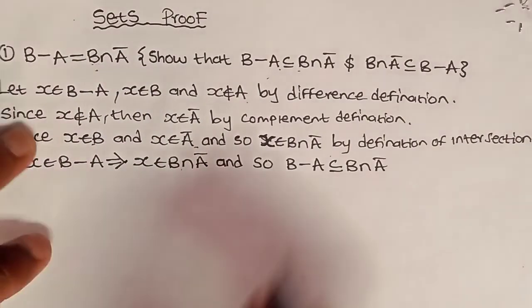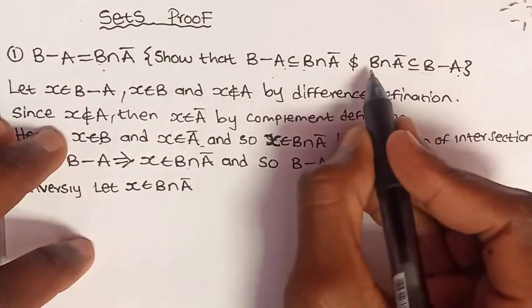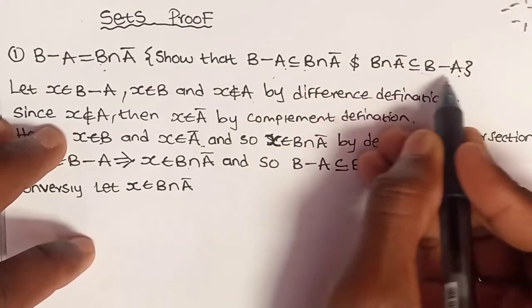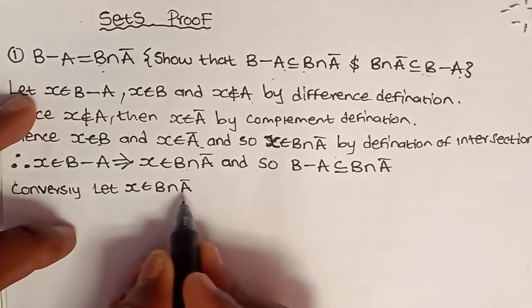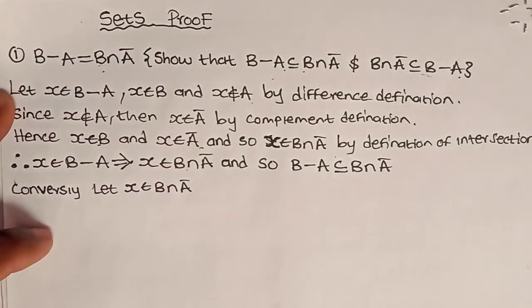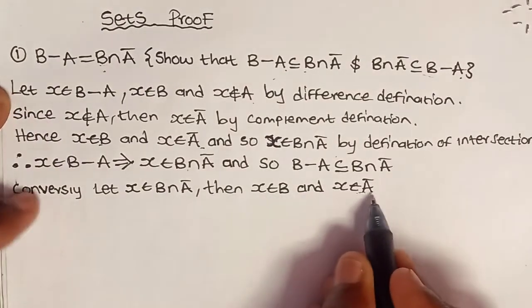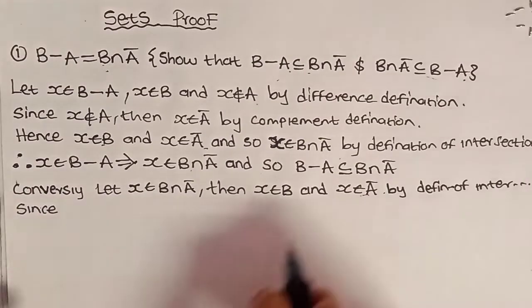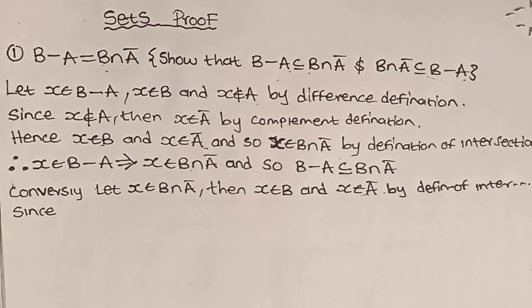Conversely, we'll have to show this. So since we want to show that B intersect A complement is a subset of B minus A, we'll let X be an element of B intersect A complement. Then X is in B and X is in A complement by the definition of intersection. Since X is in A complement, then X is not in A by the complement definition.